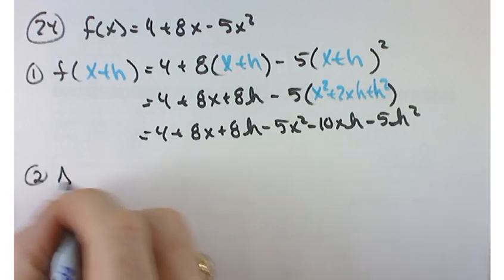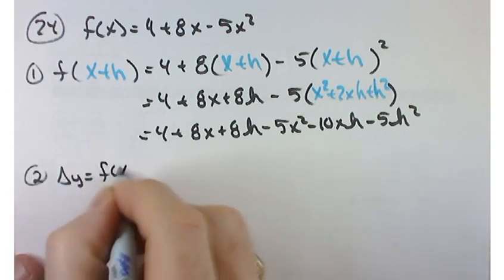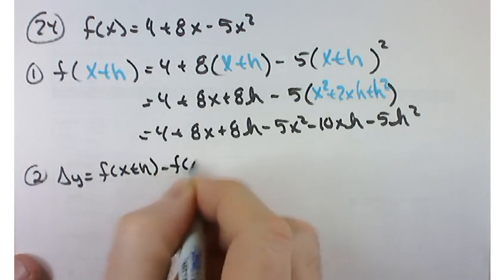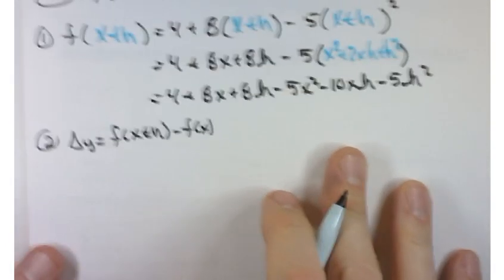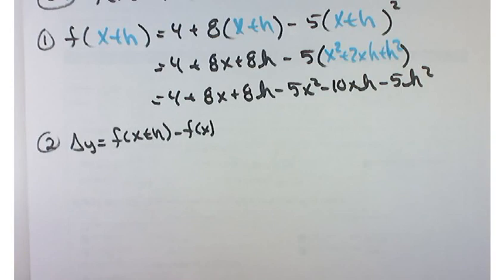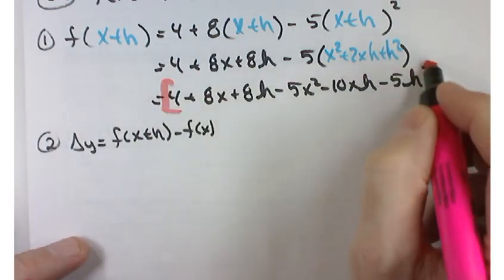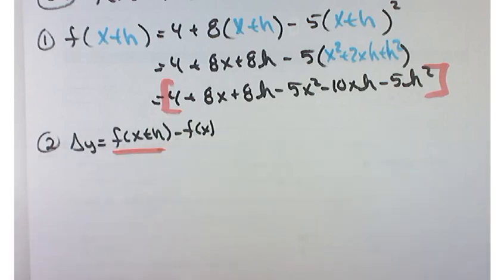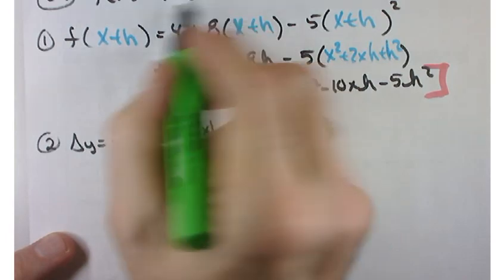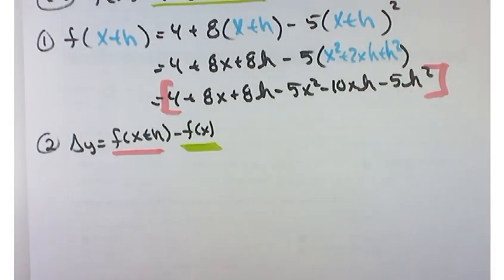Next part, delta y equals f of x plus h minus f of x. Well, this whole big expression here, that's my f of x plus h. And f of x, well, I had that up here at the start.